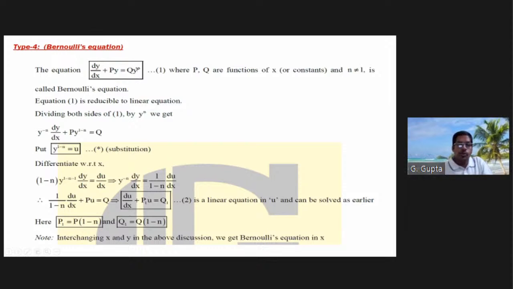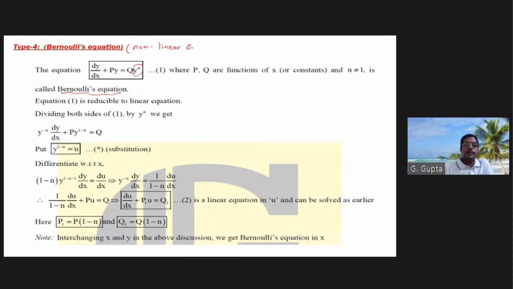If I remove this y to the power n, it is nothing but the previous method, linear equation in y. Where p, q are functions of x or constants and n not equal to 1, why it is not equal to 1, I will explain in the procedure, is called Bernoulli's equation. So please highlight this extra term. This is a non-linear equation, one example of a non-linear equation, Bernoulli's.